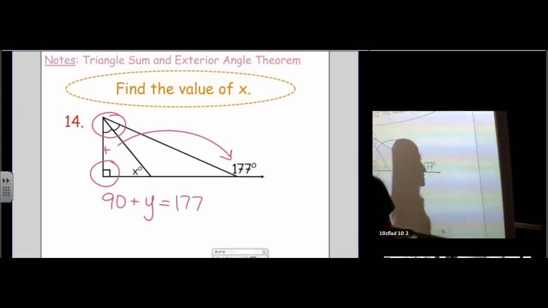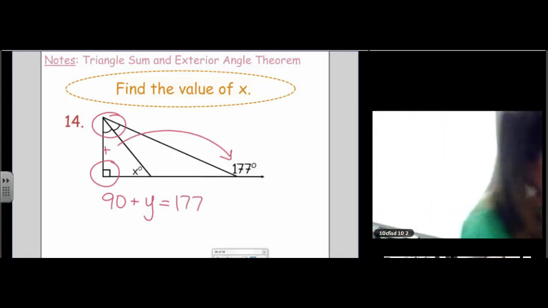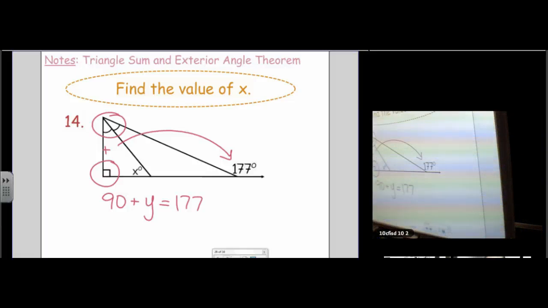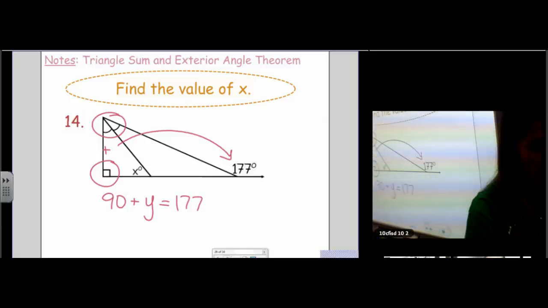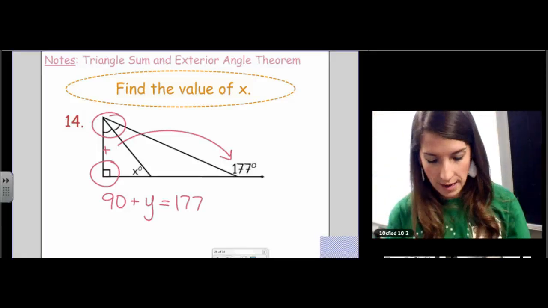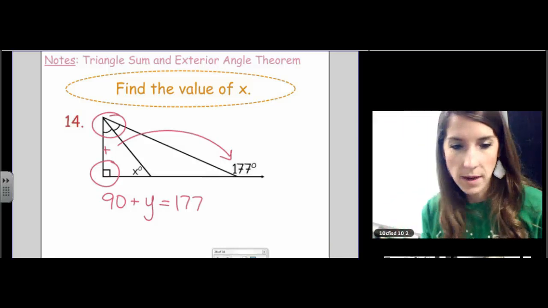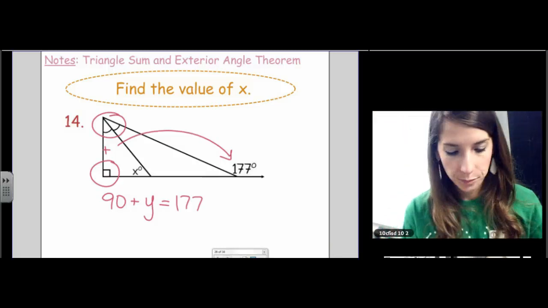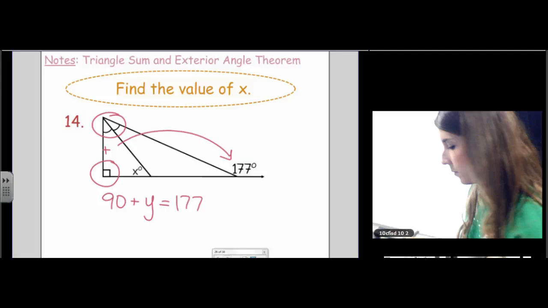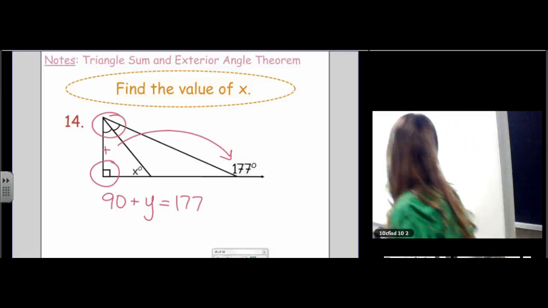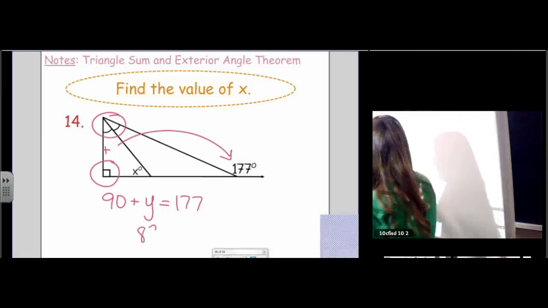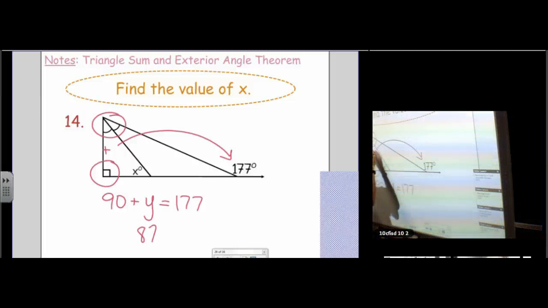So we could do 177 minus 90 and then divide it by 2, right? Because that angle is bisected. This is just one way to do it. Are we getting a decimal? So this would be 87, but then it was bisected, so it would be 43.5.